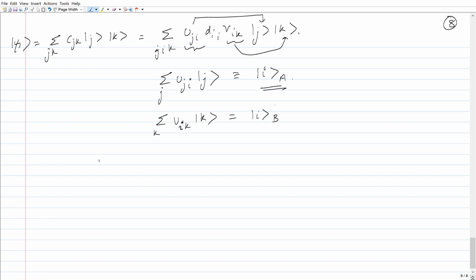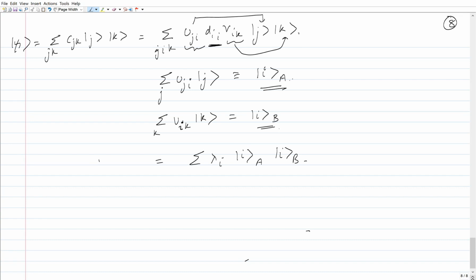So I've got two basis vectors: Ia is a vector on subsystem A, and Ib is a vector on subsystem B. In other words, after relabeling these bases, I absorb the D's into my lambda i's, so I'm left with nothing but Ia, Ib.